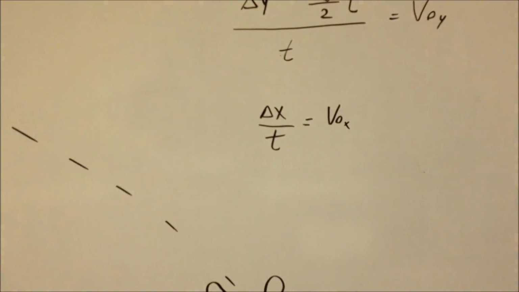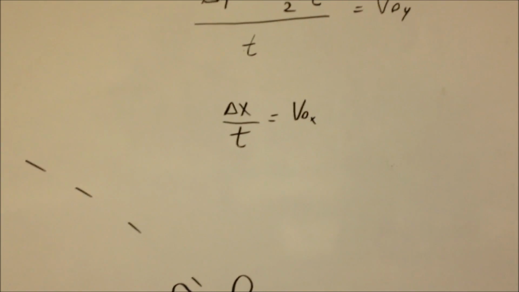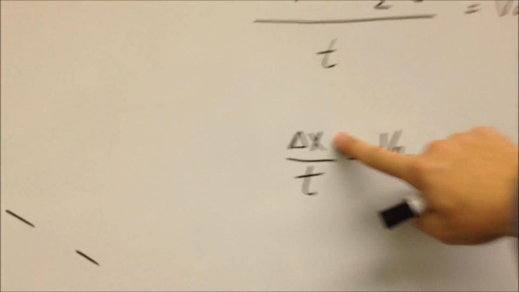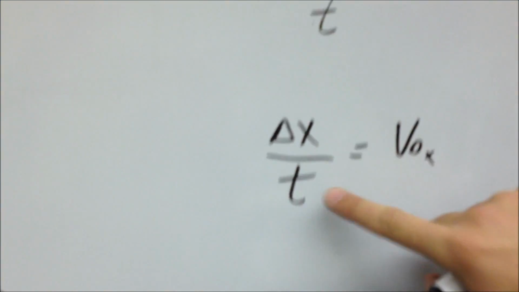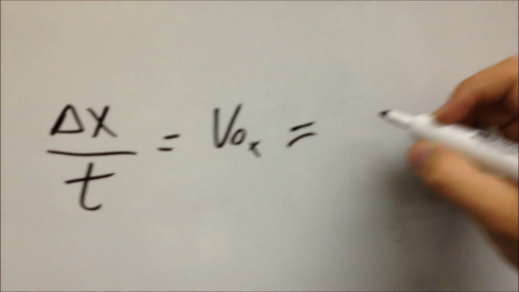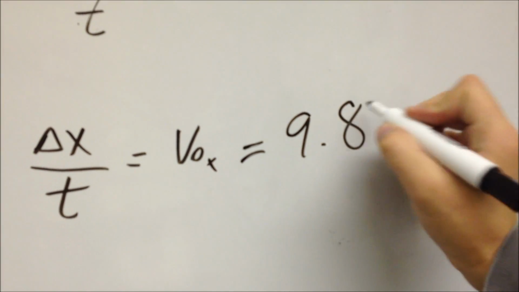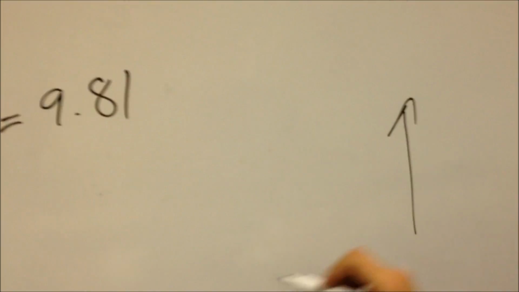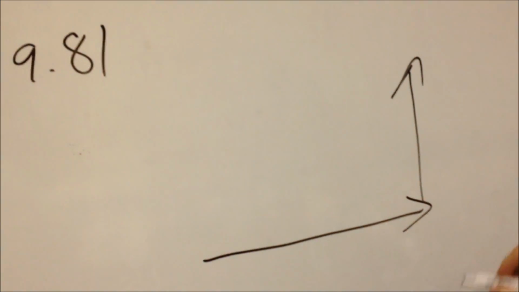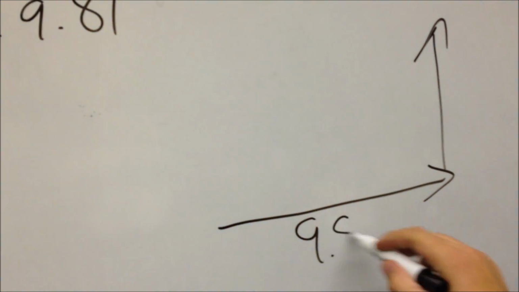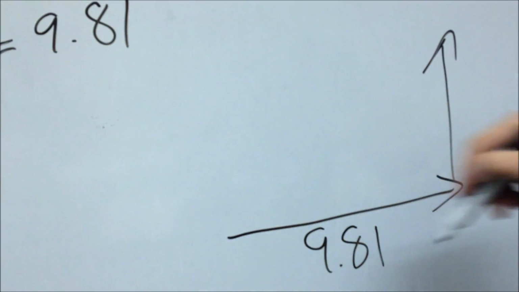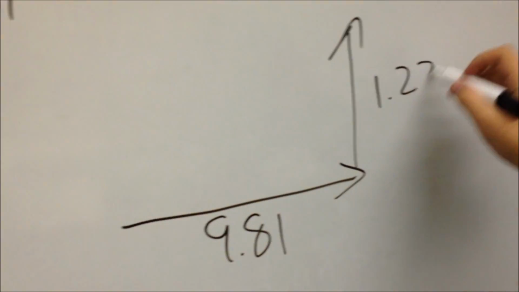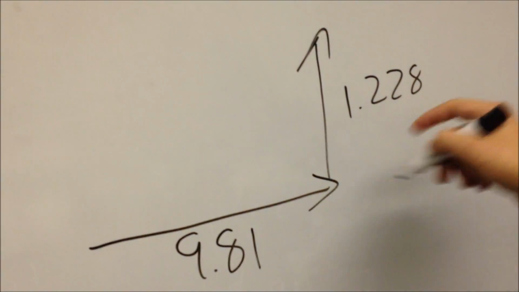and for our x value, we expect it to be the same because our delta x has not changed and our t has not changed. So we should have the same value of 9.81. Now when we draw our vectors, we have 9.81 as our x and 1.228 as our y.